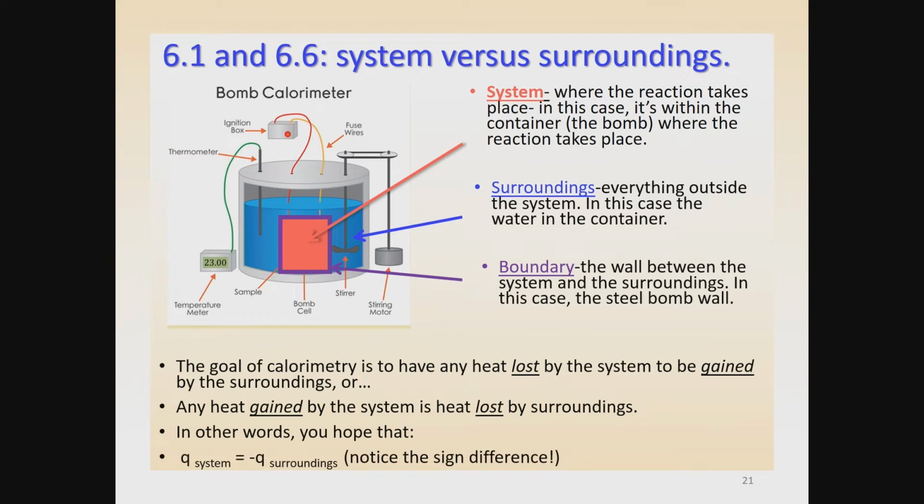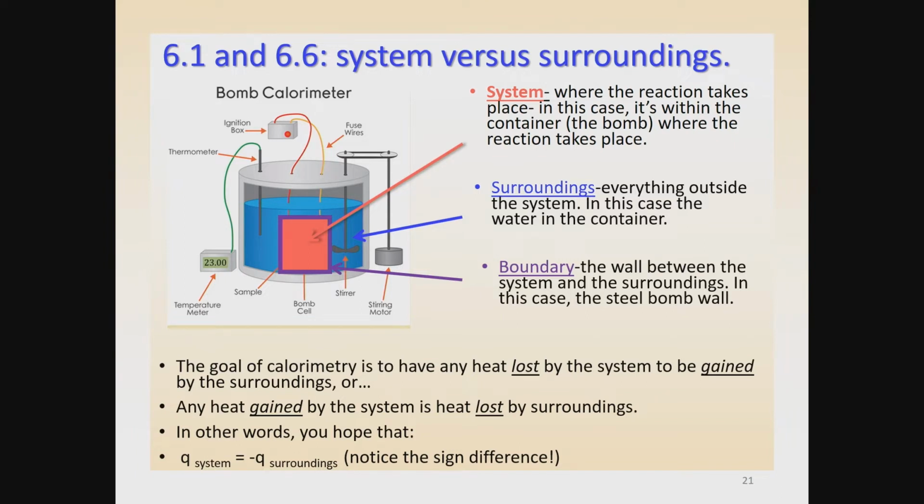So what you really want to do is make sure that, where heat is symbolized by the letter Q, the heat of the chemical reaction that is lost by the system is exactly the same as the heat that is picked up by the water surroundings.